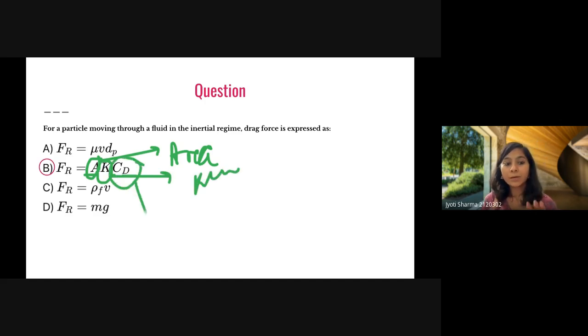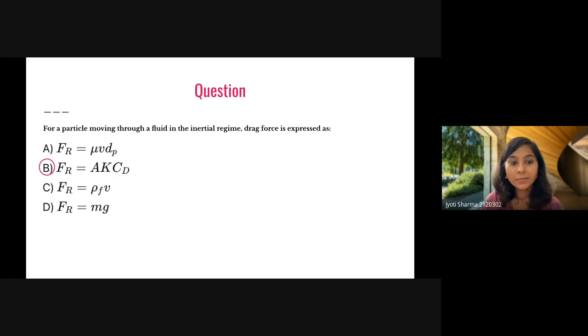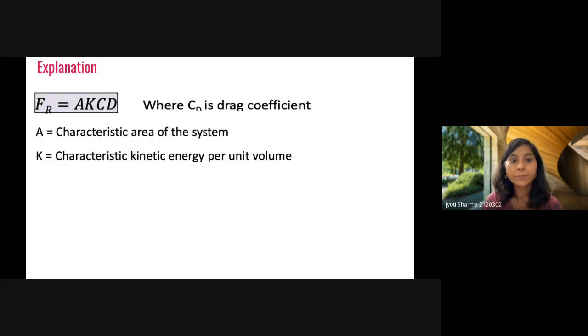So Fr, or the drag force, will be equal to area multiplied by kinetic energy multiplied by drag coefficient. So that's how B answer is the right one. Here also you can see drag coefficient, characteristic area of the system, and characteristic kinetic energy per unit volume.